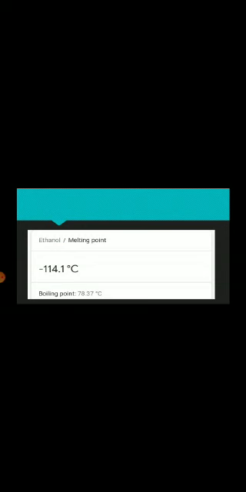So we cannot measure temperatures below minus 39 degrees Celsius, but using an alcohol thermometer we can easily measure them, because alcohol freezes at minus 114, which is much lower than minus 39 degrees Celsius. So this is another advantage of alcohol.